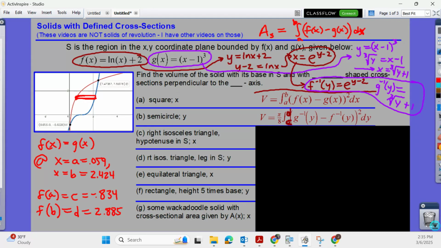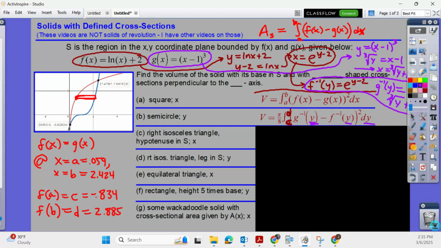And if you're wondering, do I have to use y if I name it as a function? No, you don't have to. You could use any variable you want once you define a function, as long as you're consistent, as long as the variable in there matches the variable of the differential. So you could even put x in there and it's still true. I'm sticking with y though for clarity. I want to be very clear to anyone that we're going horizontally here with this cross section.